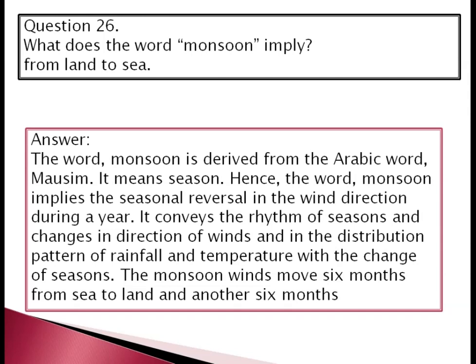It means season. Hence the word monsoon implies a seasonal reversal in the wind direction during a year, conveying the rhythm of the season and changes in the direction of the wind, and in the distribution pattern of rainfall and temperature with the change of season. The monsoon winds move for 6 months from sea to land and another 6 months from land to sea. Question clear to you, and answer also?